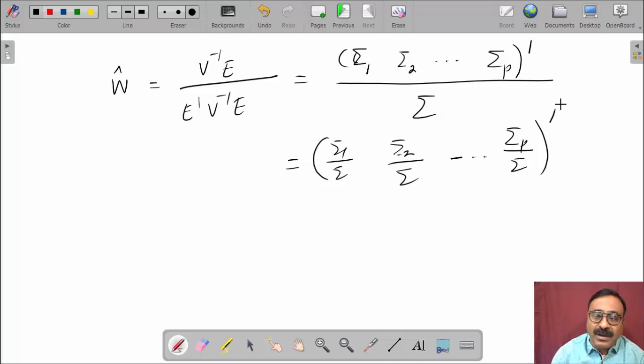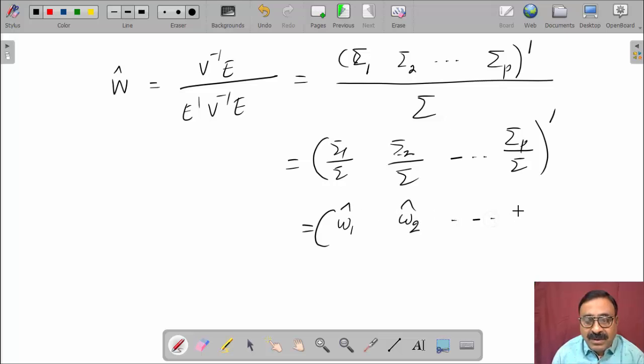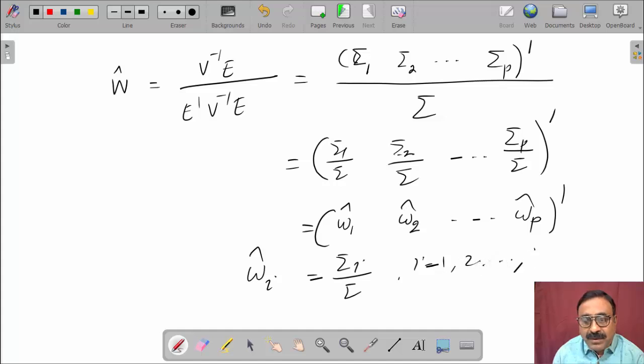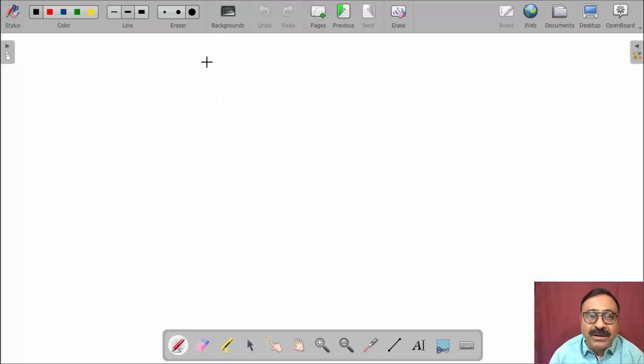Yes. Now we have obtained this. Now let it be equal to W1 cap, W2 cap, WP cap, where Wi cap equals sigma i by sigma, i equal to 1 to P. Now using this we can get the variance of the multivariate ratio estimator in its minimum case.